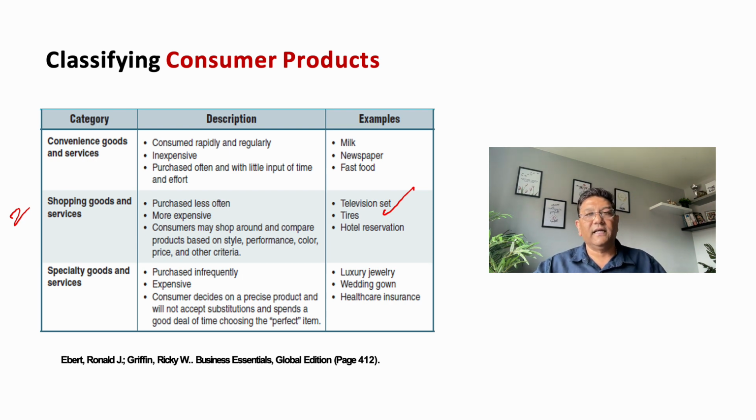Once we think there is a need for a new television set, because the older one is not working properly or you need something new, then you go and buy. But those types of items are often expensive.